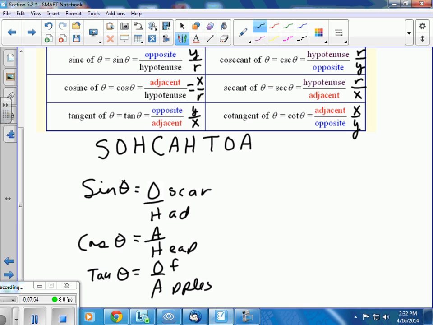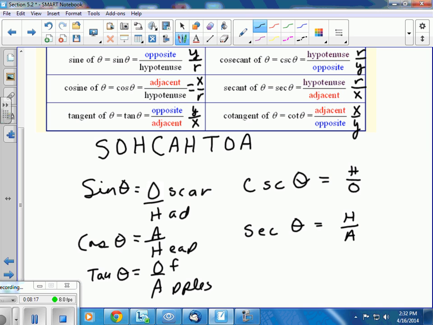Because once you have those 3, it's easy then to find the reciprocals. The cosecant is the reciprocal of the sine, which will be h over o. The secant of theta will be the reciprocal of the cosine, which is h over a. I said it wrong, and I wrote it correctly.